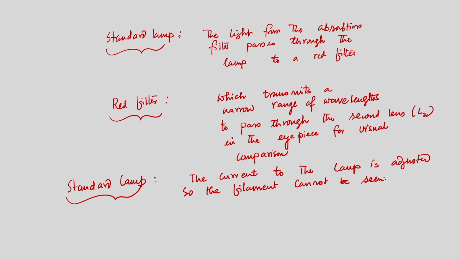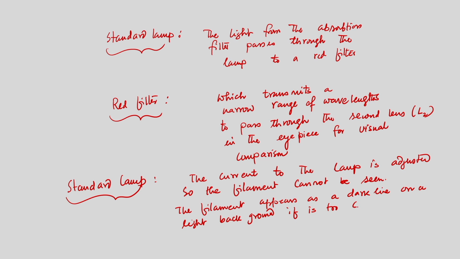That means the filament appears as a dark line on a light background if it is too cold. The background is light, and if the filament is too cold, it will appear as a dark line.